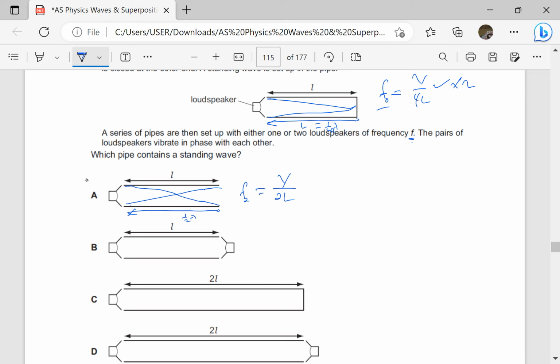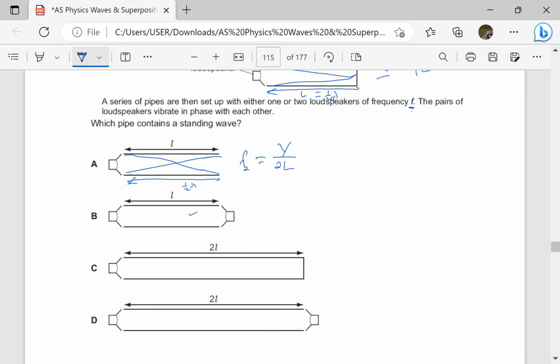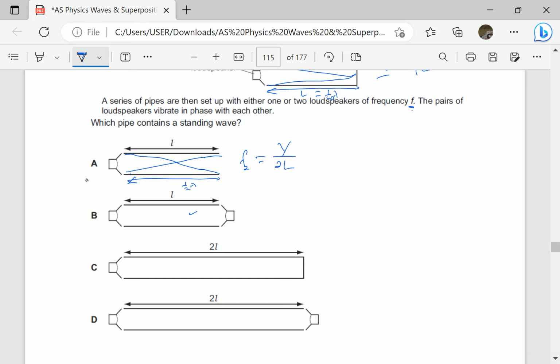The same applies to this one here, so these two will not form a stationary wave.